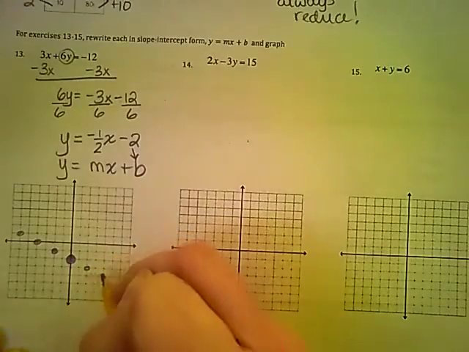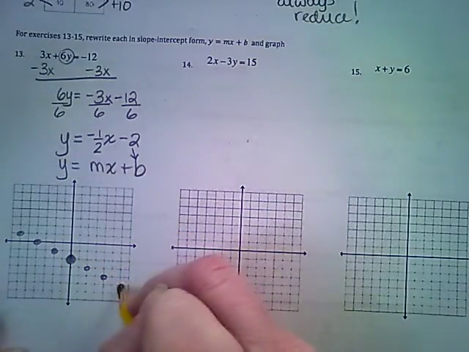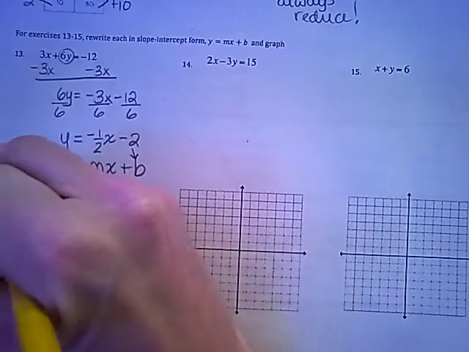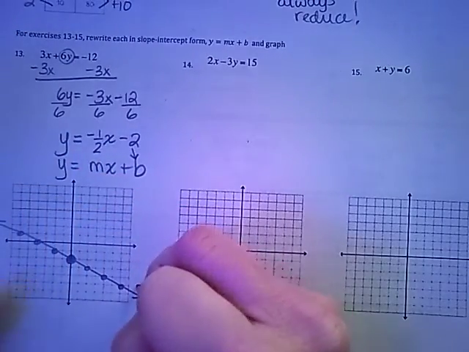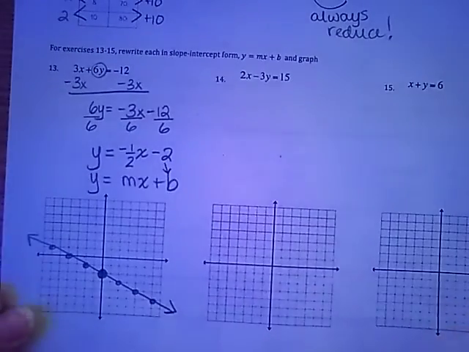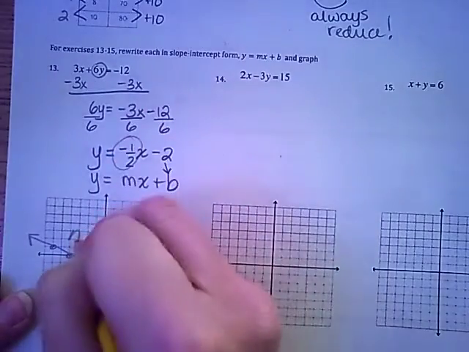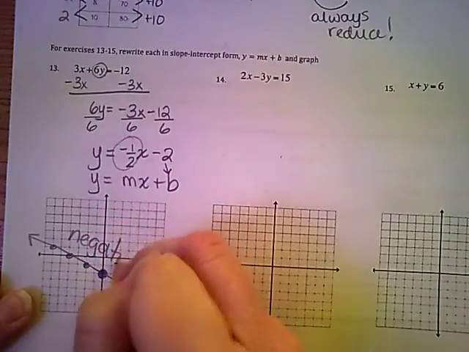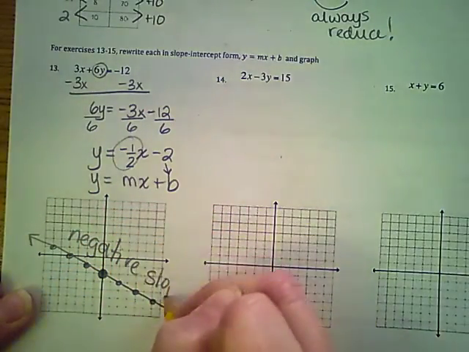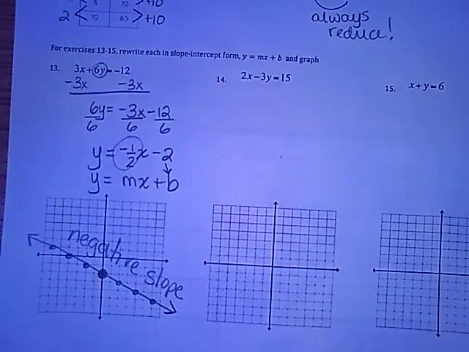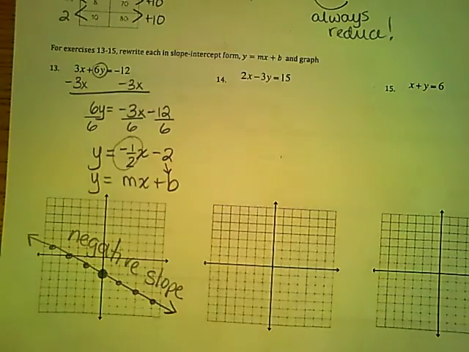Now it's a negative slope, so that's why I went in that direction. And then I create the line with arrows. Negative slope. Questions?